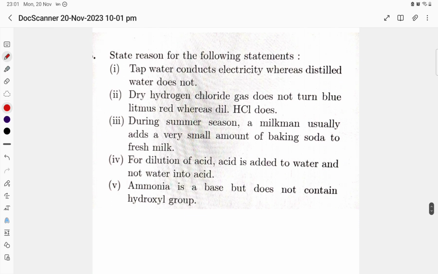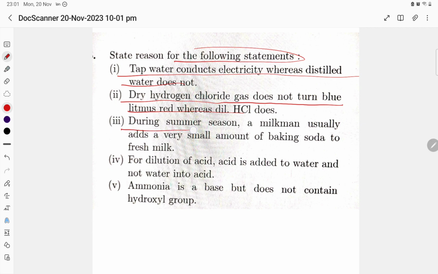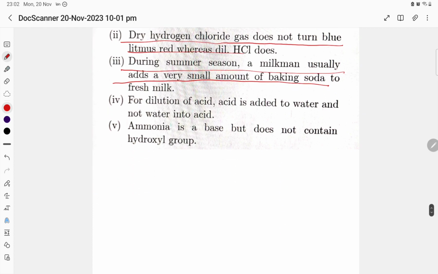State reasons for the following: Tap water conducts electricity because it contains impurities. Dry HCl gas does not turn blue litmus red because it does not give H plus ions. During the summer season, milkmen usually add a very small amount of baking soda to avoid the curdling of milk.